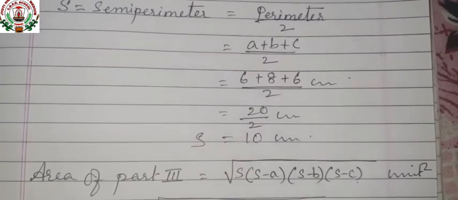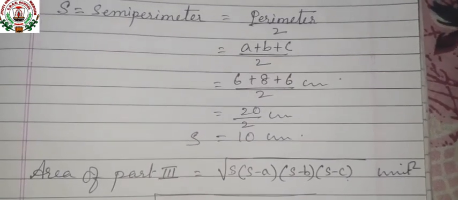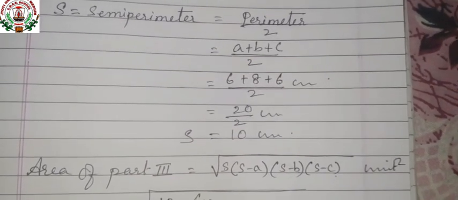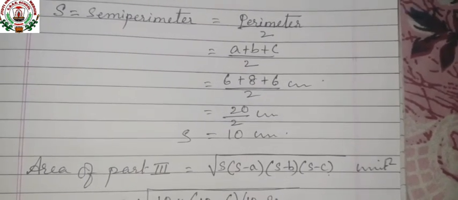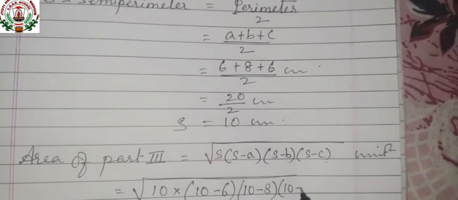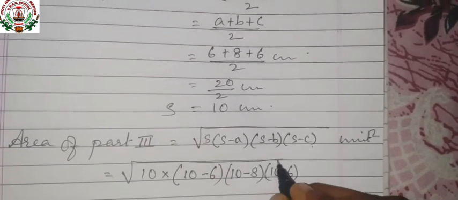Now put the values of S, A, B, C. S is how much? 10 into 10 minus A is how much? 6. Then 10 minus 8. Then 10 minus C value is again 6.